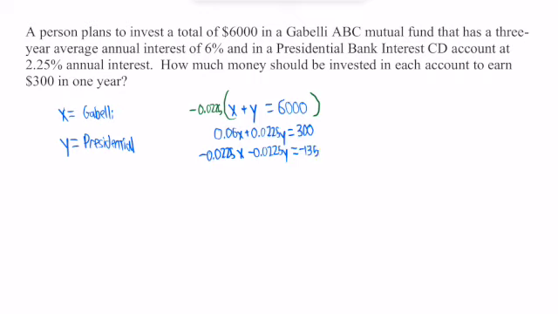Adding these together, negative 0.0225 plus 0.06, we would have 0.0375x is equal to 165.